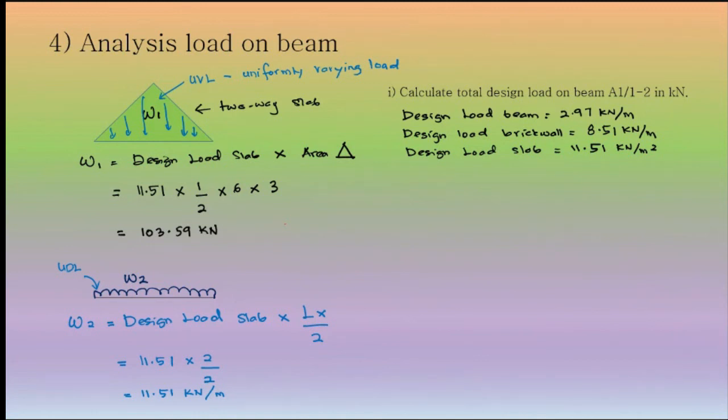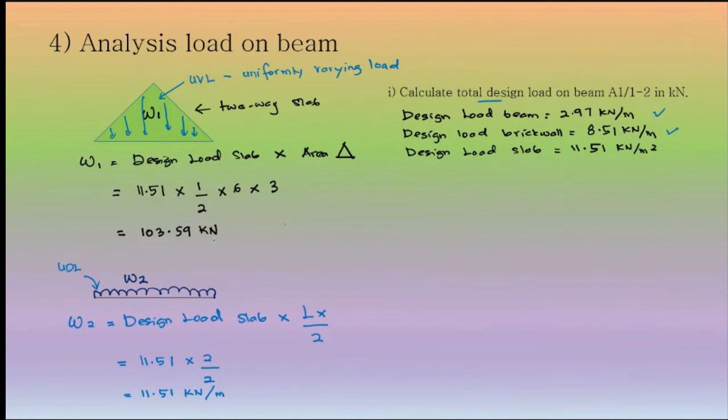So we just get W1, W2, design load beam, and also design load brick wall. So we can total up all that value. But before that, calculate total design load on beam A1 stroke 2 in kilonewton, guys. So in kilonewton, let's see our design load beam in kilonewton per meter. Design load brick wall also in kilonewton per meter.